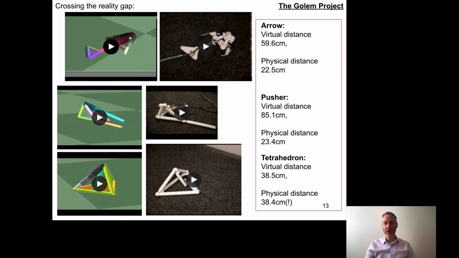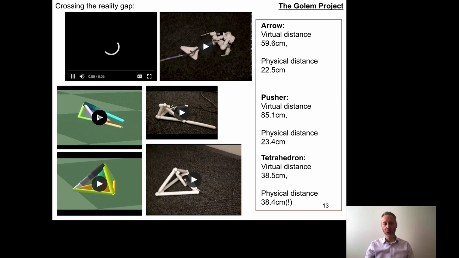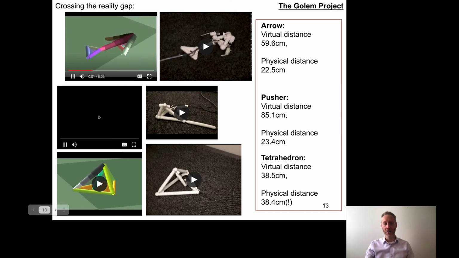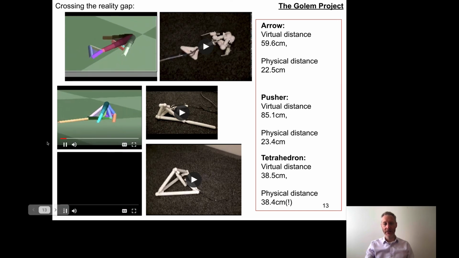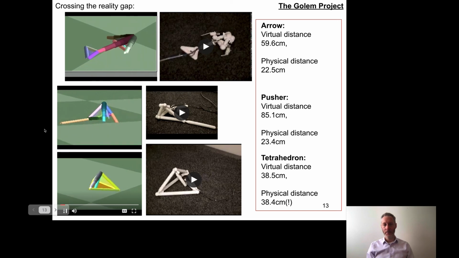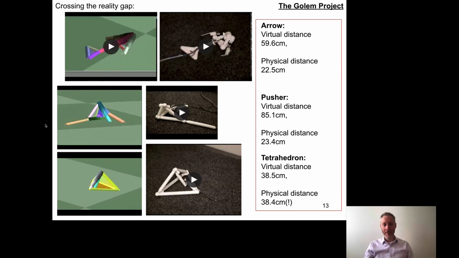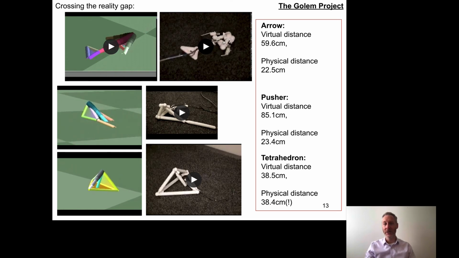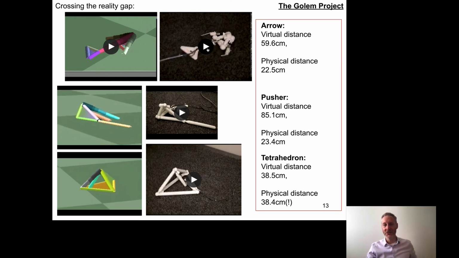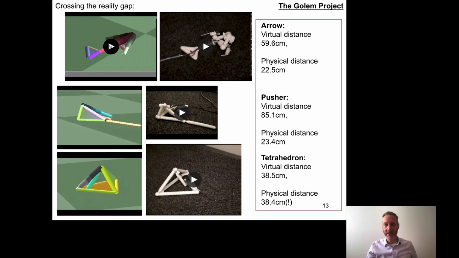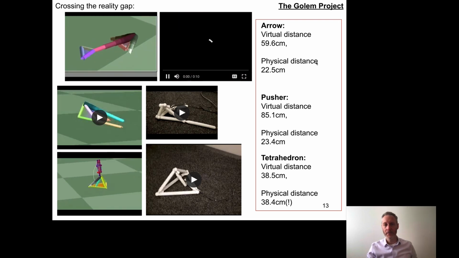In this case, they took 3 different robots, the arrow, the pusher, and the tetrahedron. And they took each of these 3 designs and 3D printed their plastic skeletons and then snapped in the motors and electronics. So let's play the arrow here.